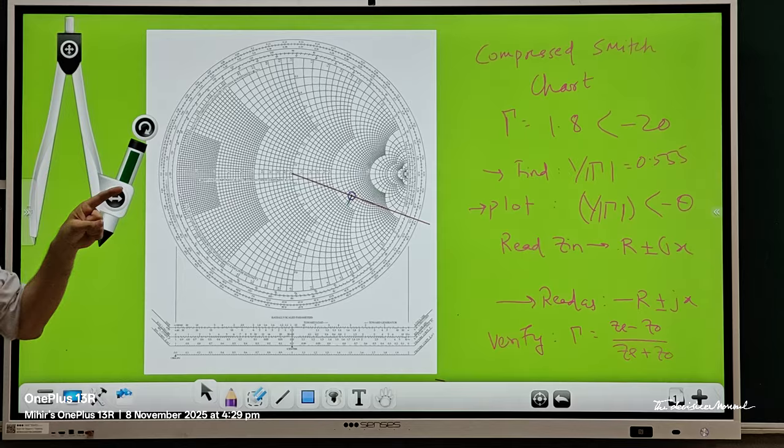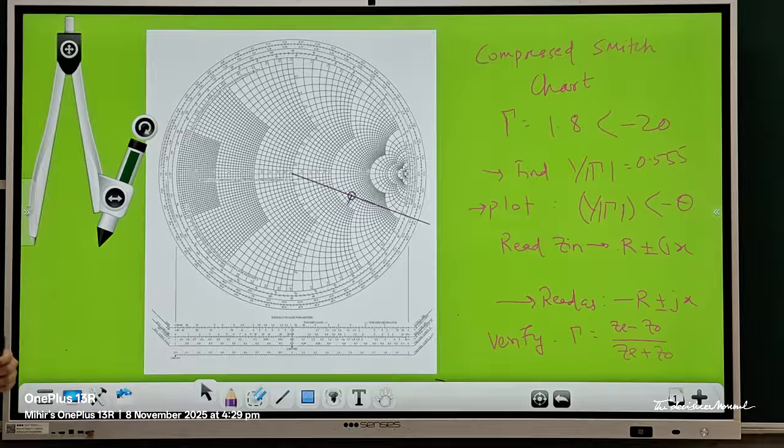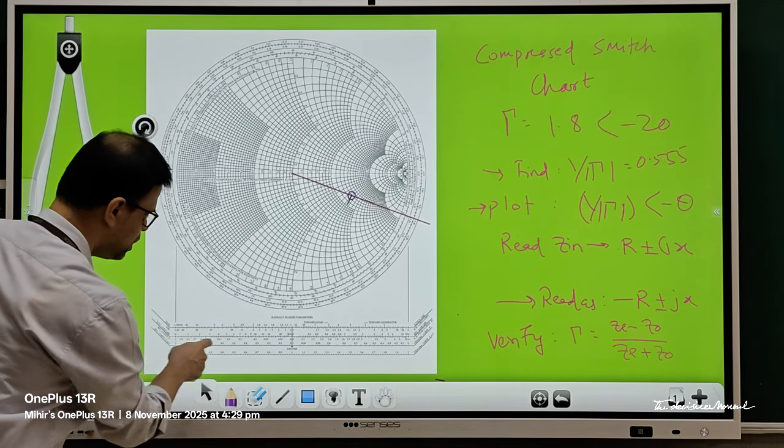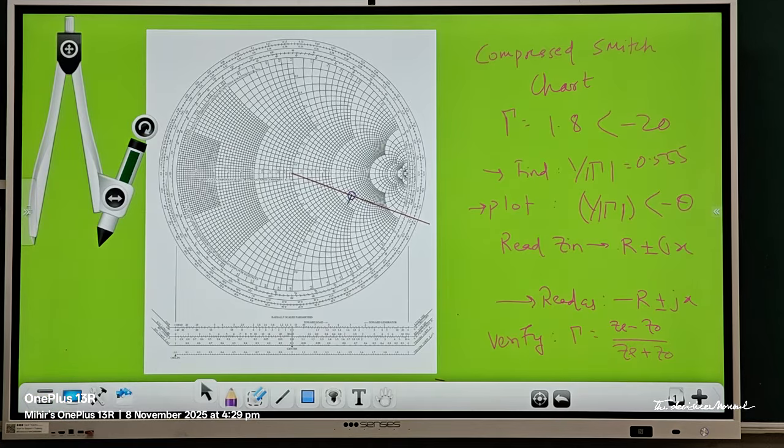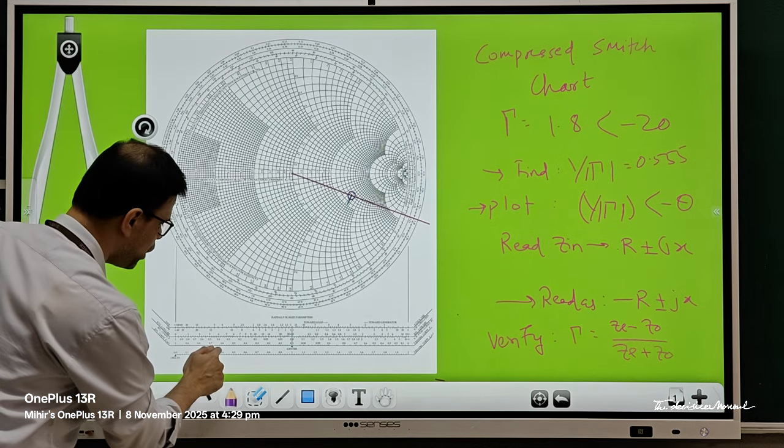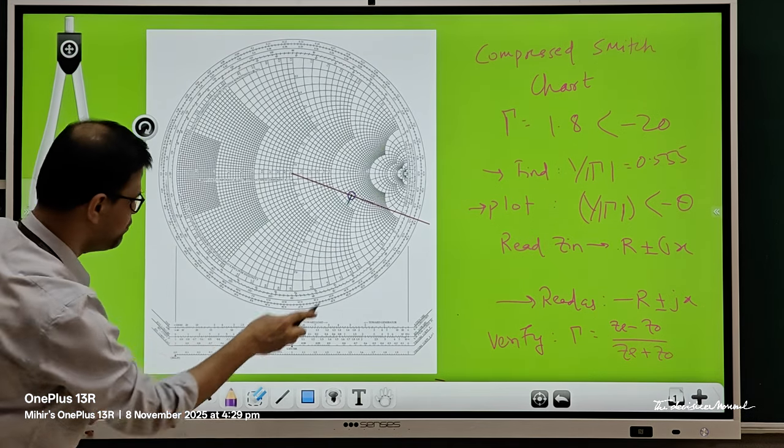Next we need to identify the magnitude. For that you go to the bottom third scale where the reflection coefficient is mentioned, and mark a point where you read 0.555.